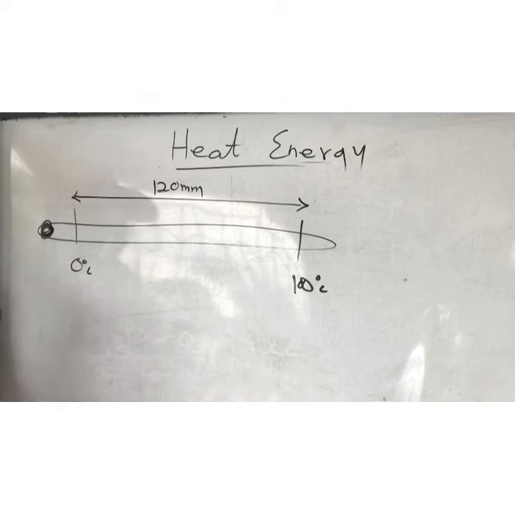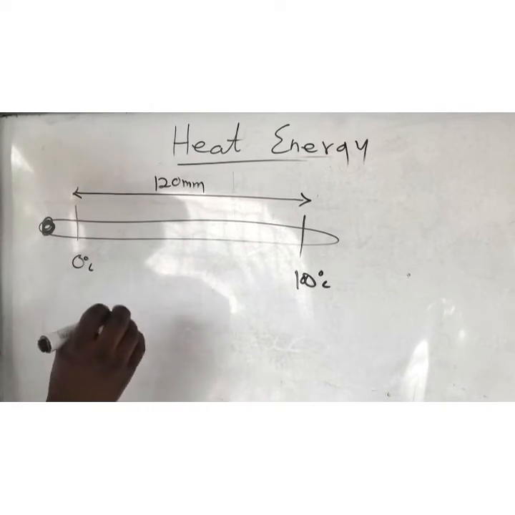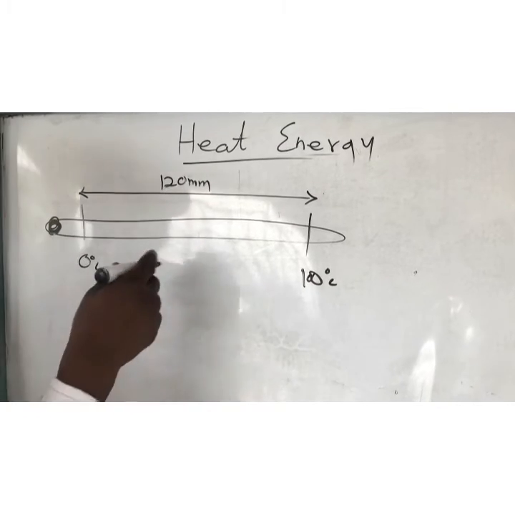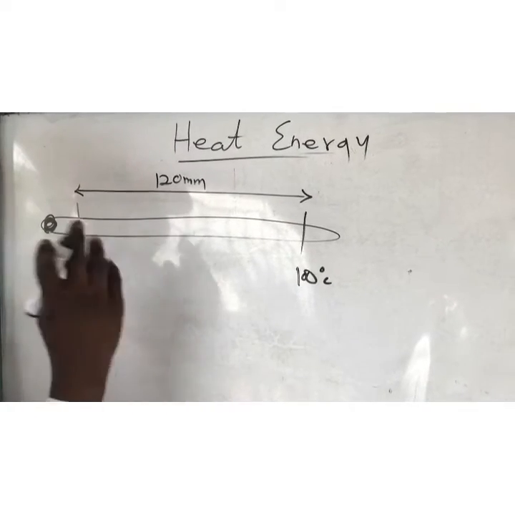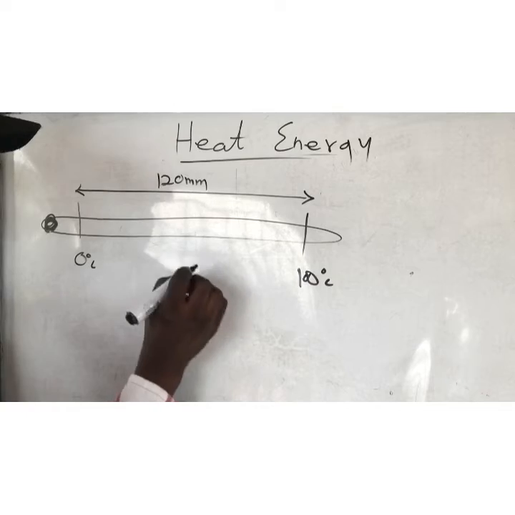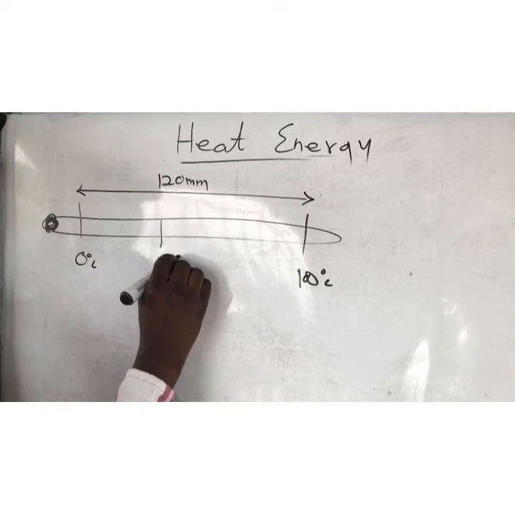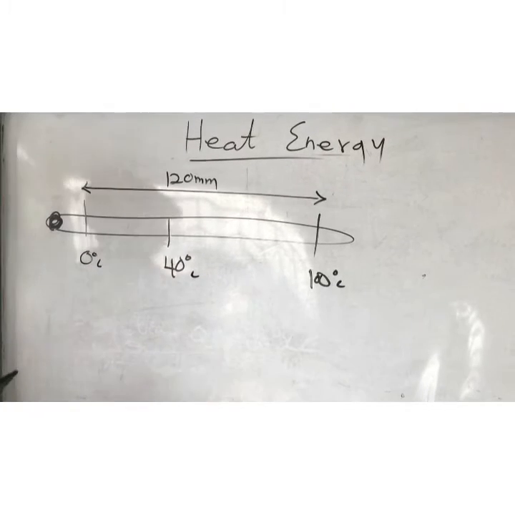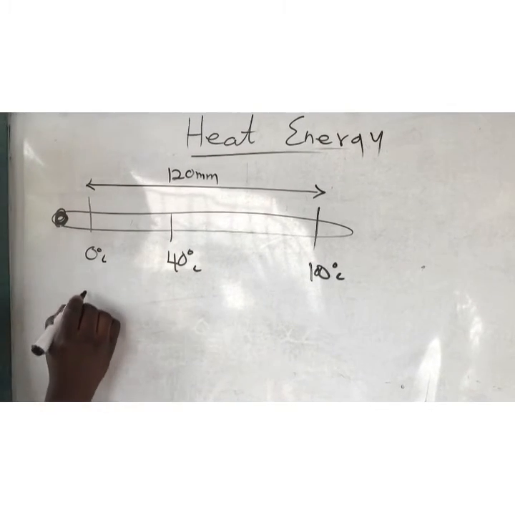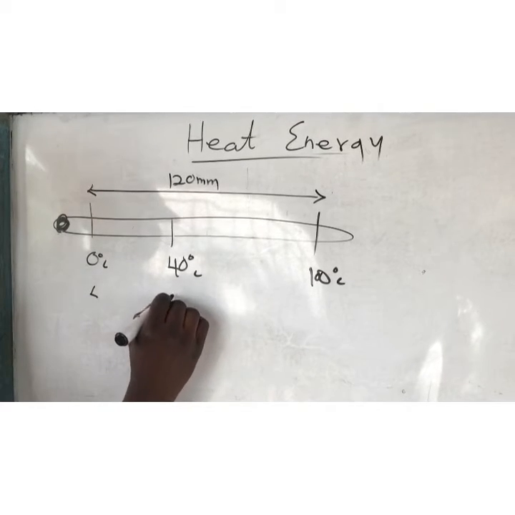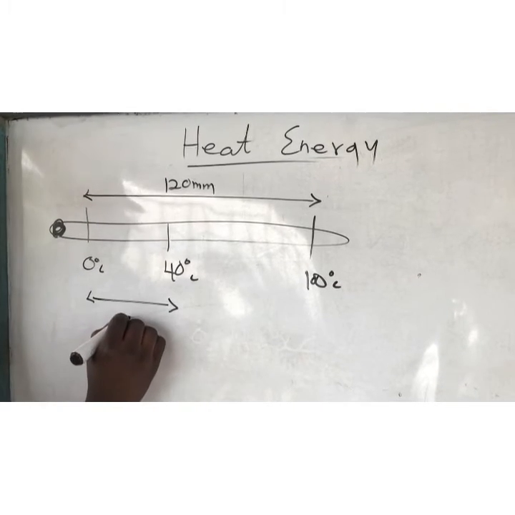Because the temperature is increasing, the thread will move. Let's assume 40 degrees Celsius will be somewhere here. So the distance from the ice point to 40 degrees Celsius is unknown. Let's say it is y.